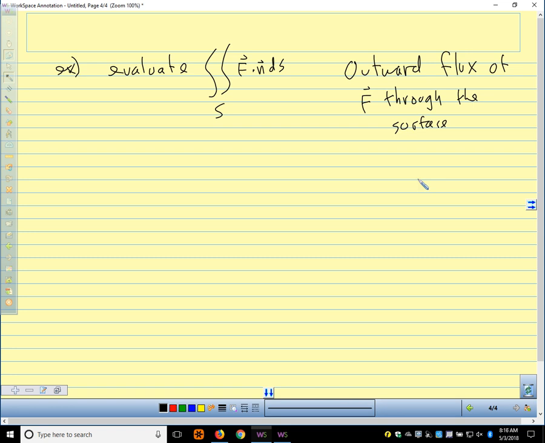Our field F is xy i hat plus yz j hat minus yz k hat. And our surface is given by z equals the square root of a squared minus x squared minus y squared, and z equals 0.